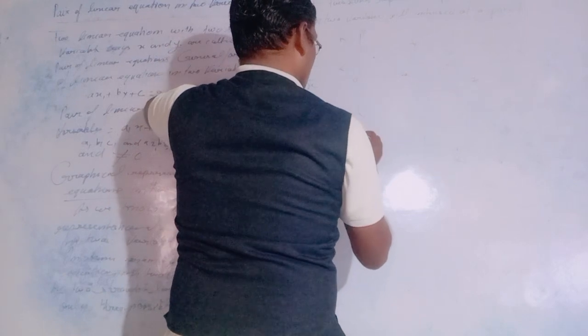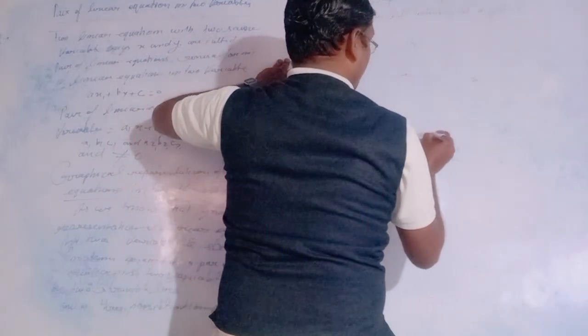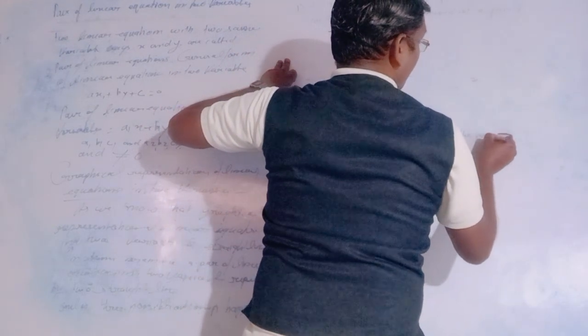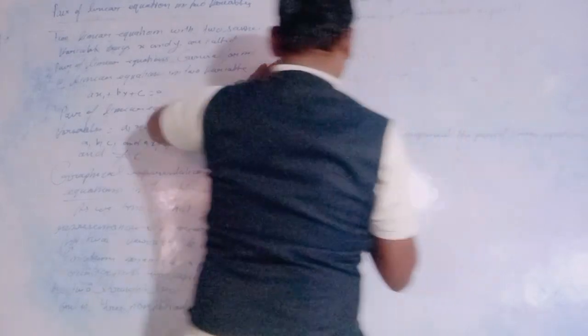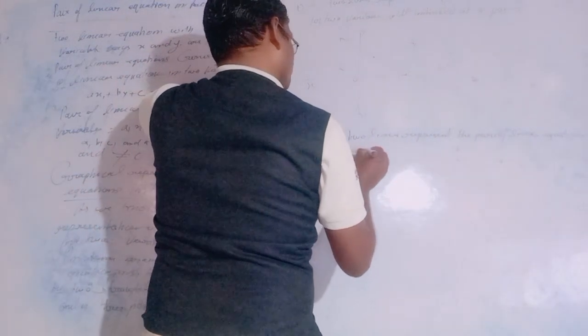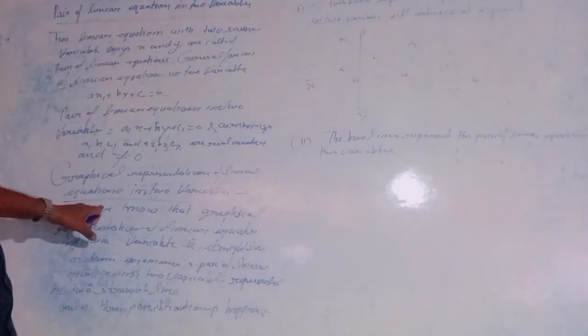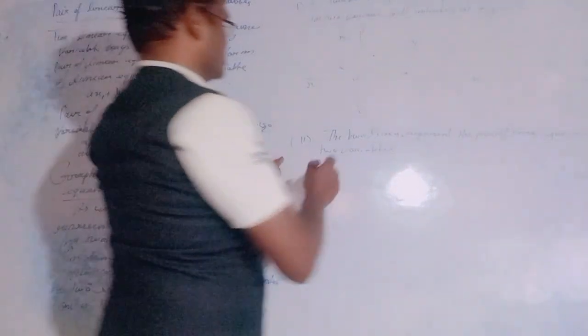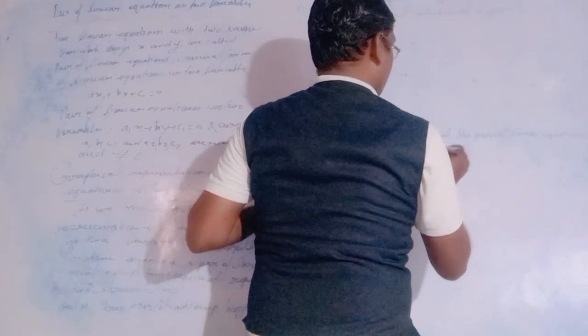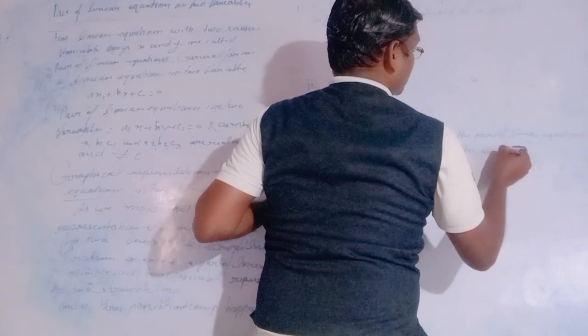Second, in the case of the second outcome, the two lines representing the pair of linear equations in two variables will not intersect each other.